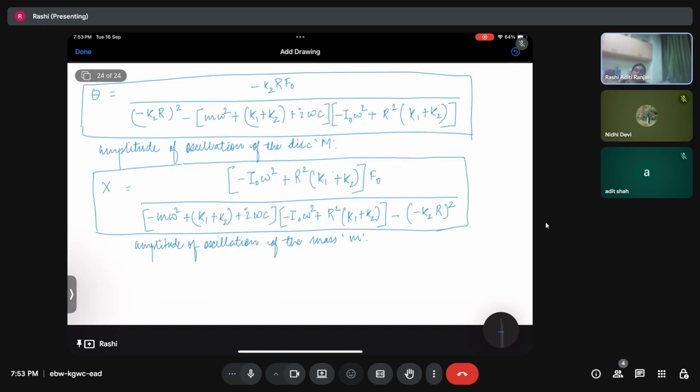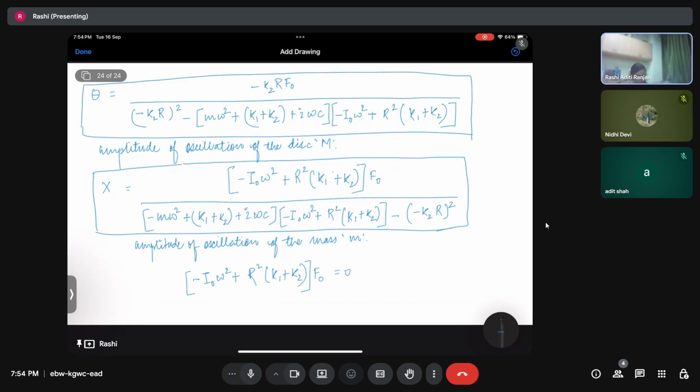Now, if you see over here for the capital X term, we have a numerator which is a sum of two terms. If I make the numerator equal to 0, I'm going to get the condition when capital X is going to be equal to 0, right? Correct? That is the case. So for the numerator, we have minus I naught omega square plus r square k1 plus k2, times f naught, is equal to 0.